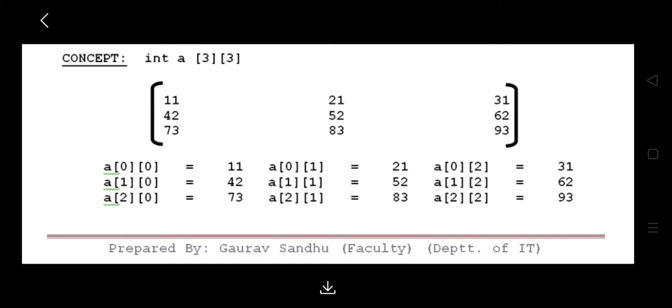These data are stored at relevant positions in the 2D array. For example, at position A00, 11 is stored, at A01, 21 is stored, at A02, 31 is stored, at A10, 42 is stored, and so on.